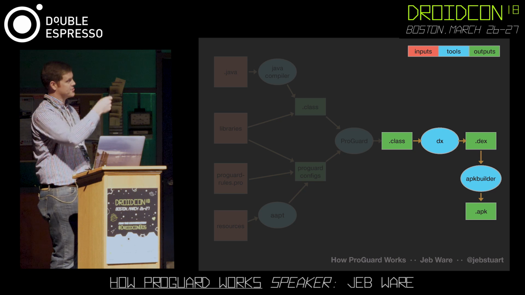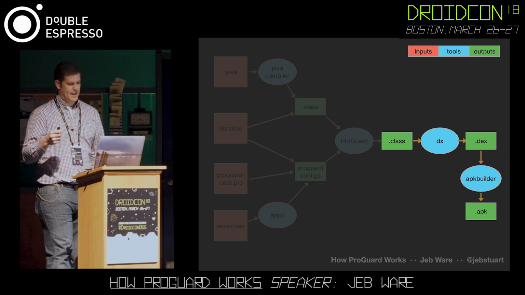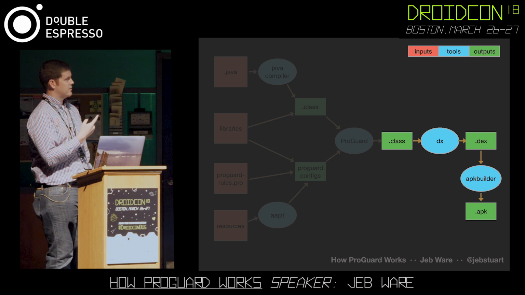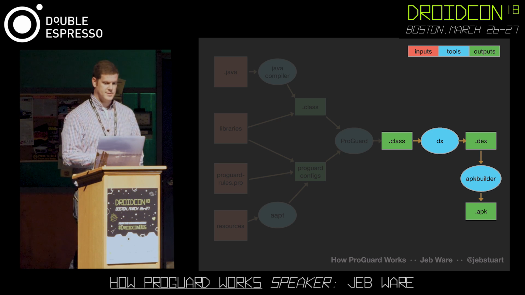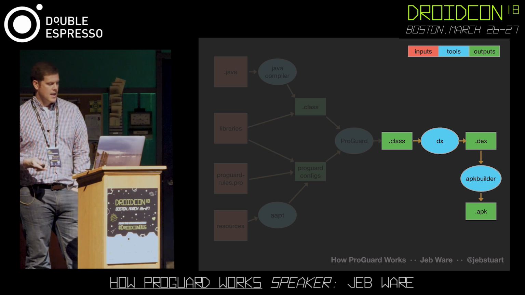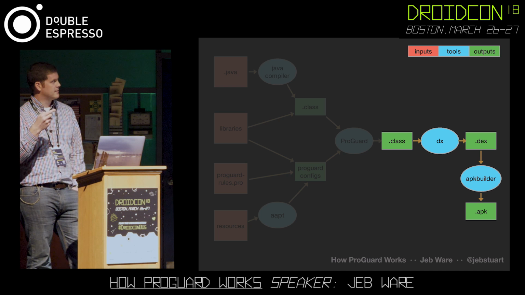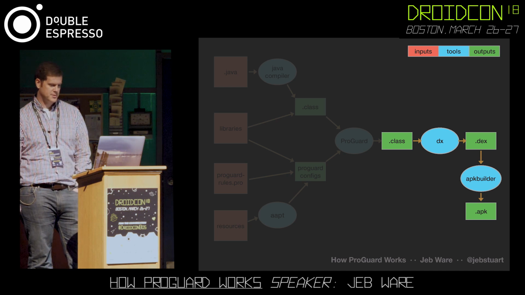The Dexer transforms that for you from Java bytecode to Dalvik bytecode. And this is why Java bytecode optimizations are off by default, because it's optimizing for the wrong target, essentially. And DX does its own optimizations, Dalvik bytecode optimizations.